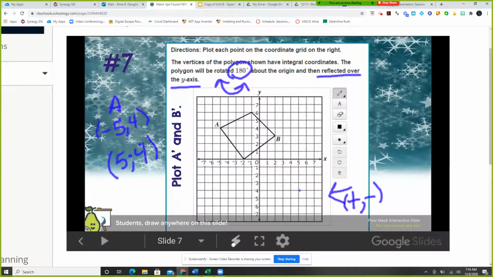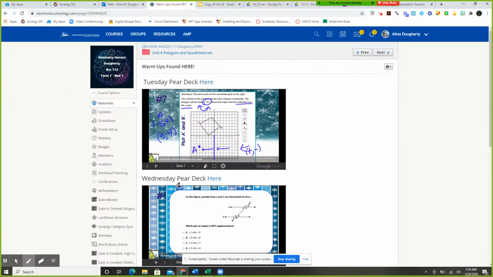But then I've got to reflect it over the Y-axis. So then I've got to reflect it over this Y-axis. 1, 2, 3, 4, 5. 1, 2, 3, 4, 5. I'm just counting. It's 5 away from the line of reflection. This is where point A is going to land. Does that make sense? Kind of, sort of, maybe?